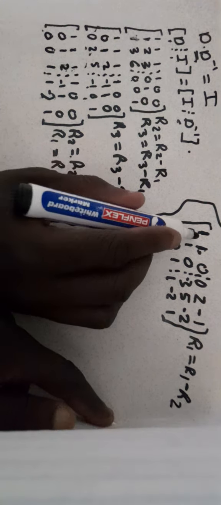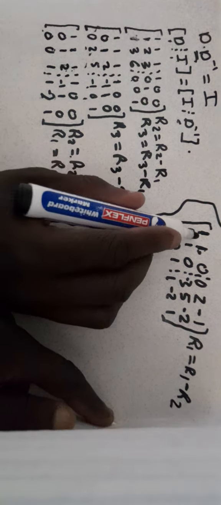Then here, similarly, we can say 0 minus minus 3, which is just 3. 2 minus 5, which is minus 3. Minus 1 minus minus 2, which is minus 1 plus 2, which is 1. Minus 3, 5, minus 2, 1, minus 2, 1.